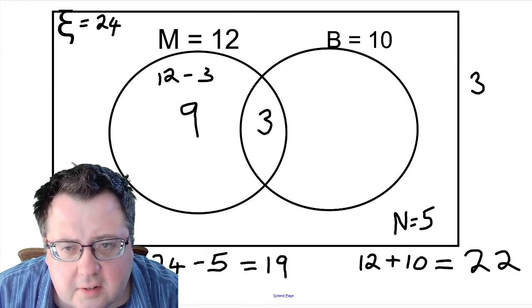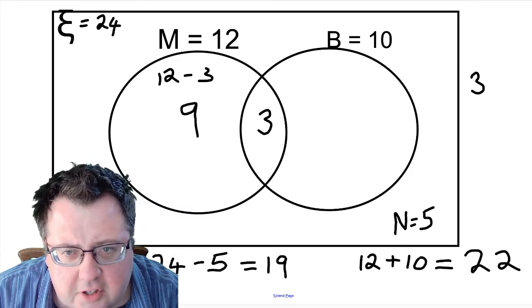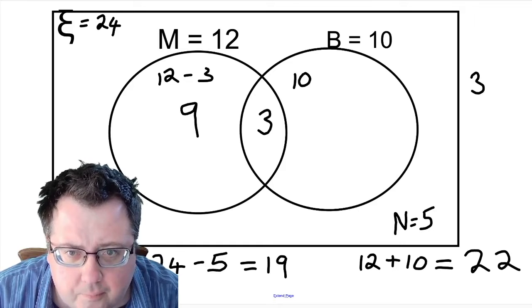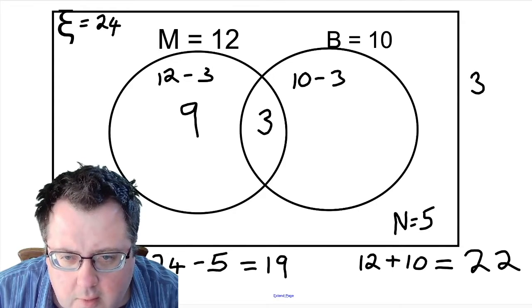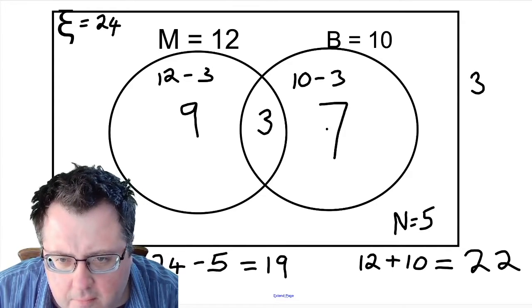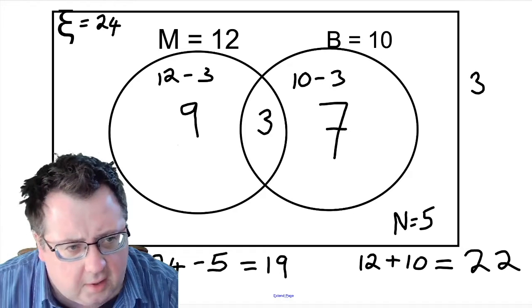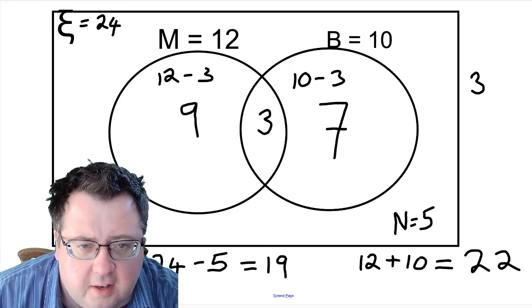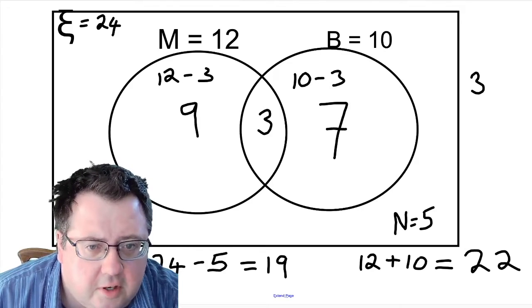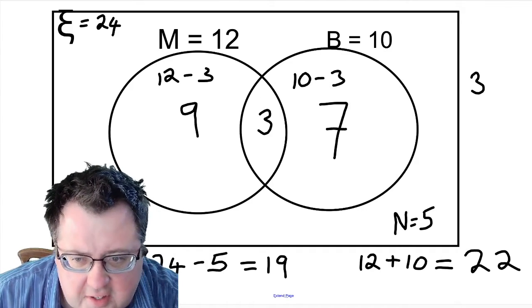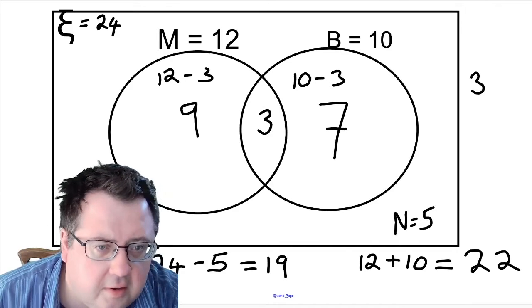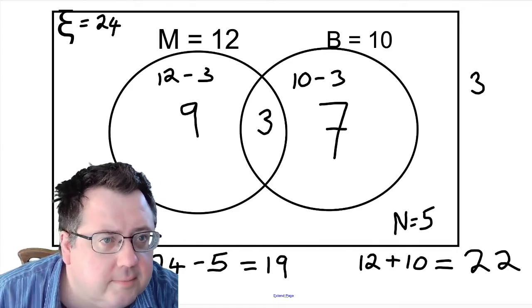And for biology, 3 plus 7 will make 10, or 10 minus 3 gives me 7. So that's one way of doing it, and we'll just check the numbers add up. So 9 plus 3 is 12, plus 7 is 19, plus 5 is 24, which makes it correct.